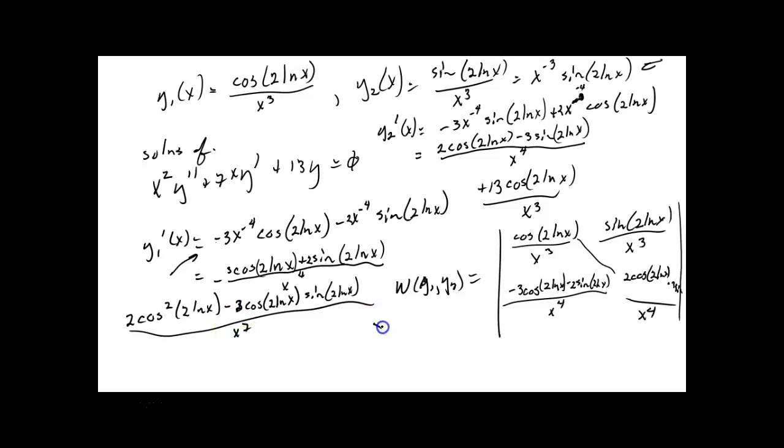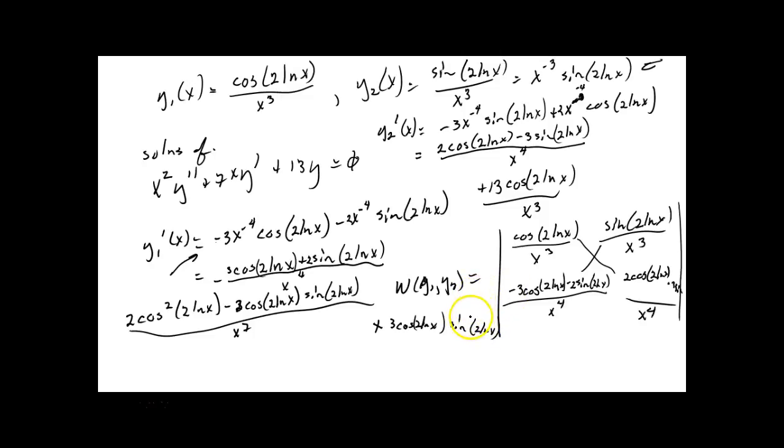Okay? Minus, and we're going to do this product. And that's a minus times a minus, so that's going to be a plus 3 cosine 2 log x times sine 2 log x.